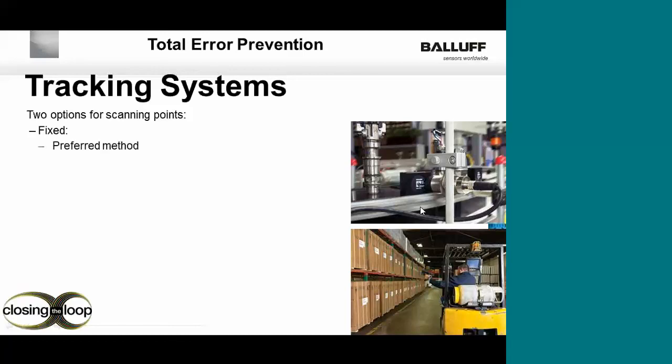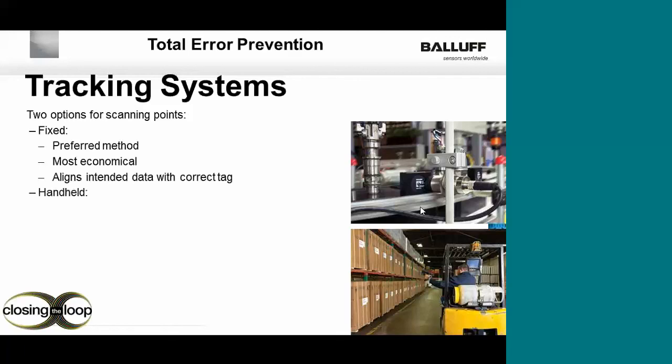The advantage there is that this is a more preferred method and certainly a more economical option, and we're ensuring that the tag and the read-write head are consistent in their mounting and how the tag is being presented in front of the read-write head, so we can ensure that we're getting proper transfer of data to and from the RFID tag. But not in all cases is having a fixed device practical.